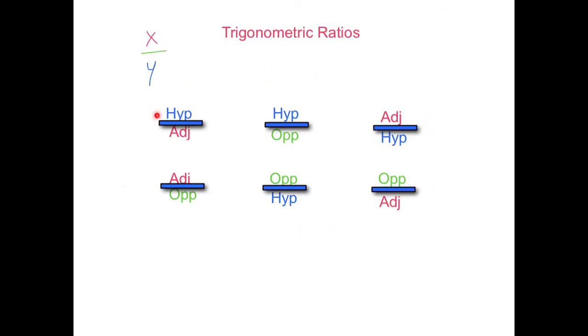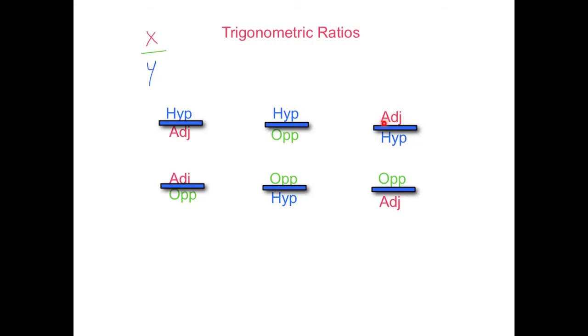Okay, so here I have all the possible pairs you can have, and these are actually all the trigonometric functions that you will find. They all have names, and the ones I want you to focus on are the adjacent over hypotenuse and the opposite over hypotenuse, because in a later video I might show you how these two are used to find any of the other ones, because you can write the other ones in terms of these two. Well, that's beyond this video.